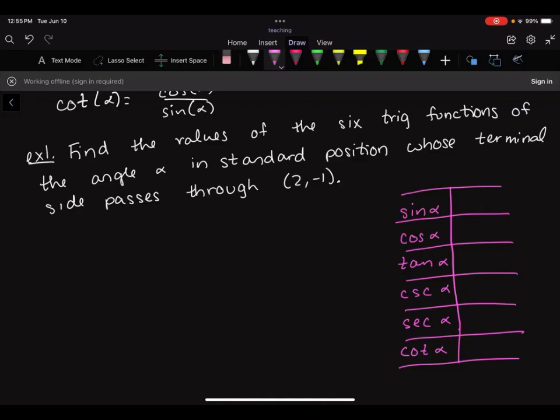It tells me that this angle alpha is in standard position. That means it touches the x-axis. And we also go through the point 2, -1. So 2, -1 is going to be in quadrant 4. I'll go ahead and draw it here. Draw my angle.